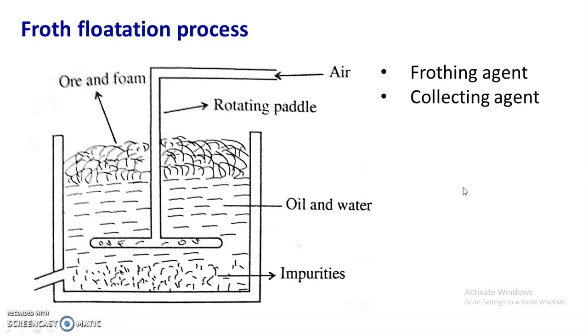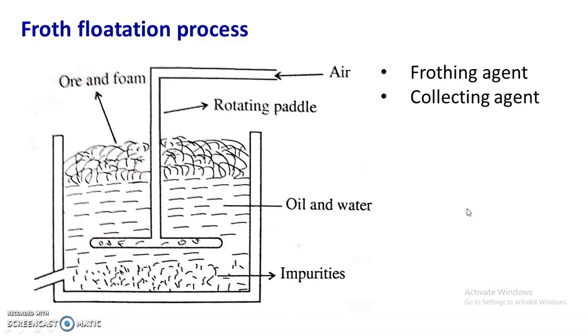As they are water repellent, they stay away from the water and float on the surface of the froth. So this is the function of the collecting agent: it makes the metallic particles hydrophobic, that is water repellent.